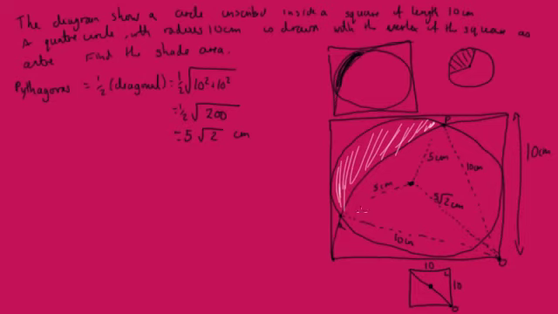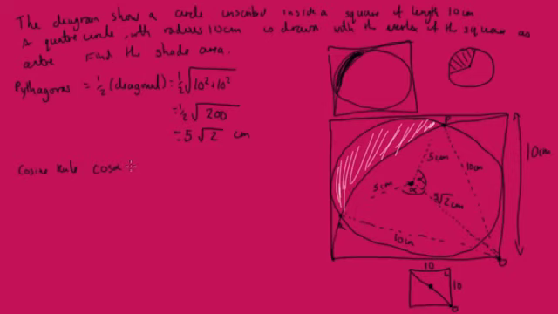centimetres. So this here is 5 square root 2 centimetres. Now, I'm going to call this angle here alpha, because they're going to be the same, because this triangle and that triangle are identical. So we can use the cosine rule to find alpha. I'm just going to put the numbers in.